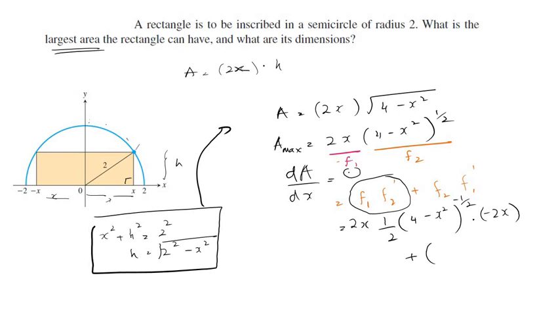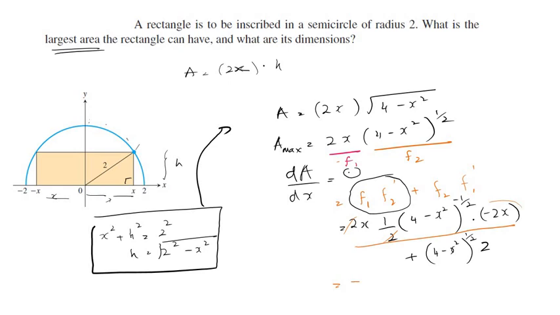That is this part of the equation, and we add to the function f2, we'll just write the function f2, (4 minus x squared) to the power half, and get the derivative of 2x, which is 2 alone. If we take the orange part of the equation, we can cancel these out, and we bring this 2 minus 2x to the front.